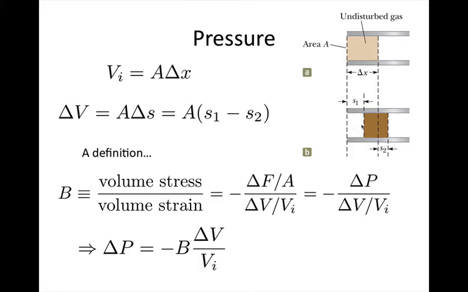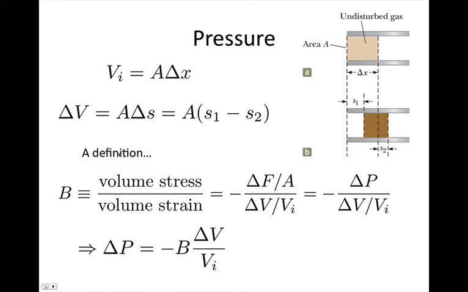But the left-hand side moves a little bit further than the right-hand side, so it actually gets a bit bunched up. To get the change in the volume, we've got the area, and then we need to consider how this length has actually changed. The left-hand side has moved a distance s1, the right-hand side has moved a distance s2. So the change in the width is s1 minus s2.